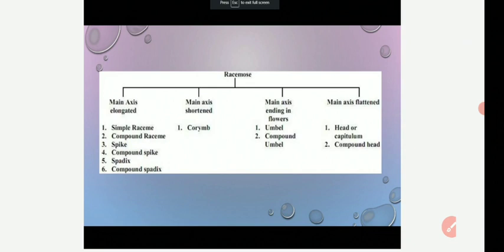So let's see the different types of racemose depending on the nature of the axis. First, that is main axis elongated. The racemose inflorescence with the main axis elongated is further divided into different types, that is simple raceme, compound raceme, spike, compound spike, spadix and compound spadix. So let's start with the main axis elongated.